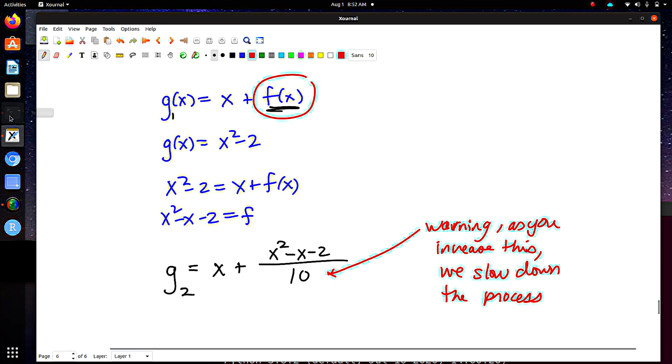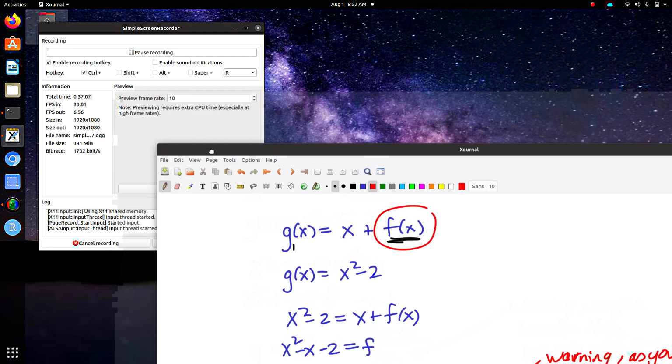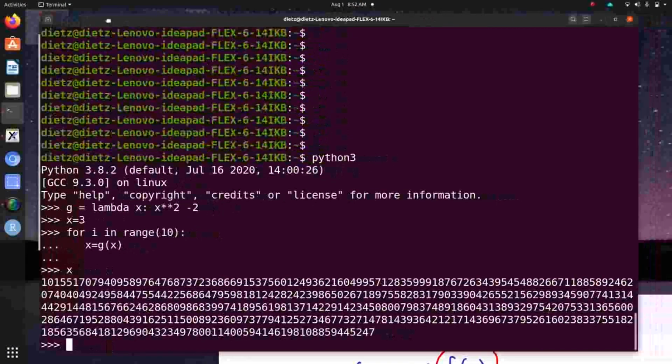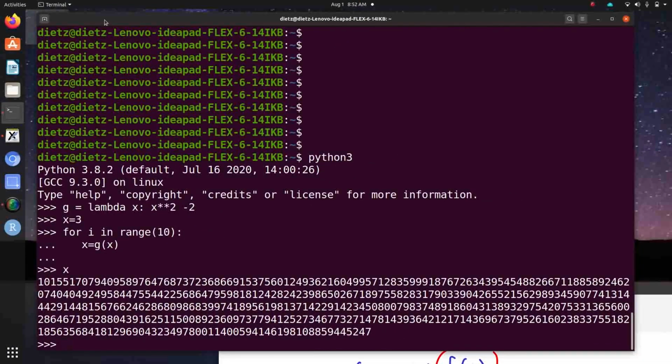I want Python. All right, now I'm going to change g. I'm going to call this g2 and lambda x. Now what's my new function going to be? It's still going to be x plus something: x plus quantity x squared minus x minus 2.